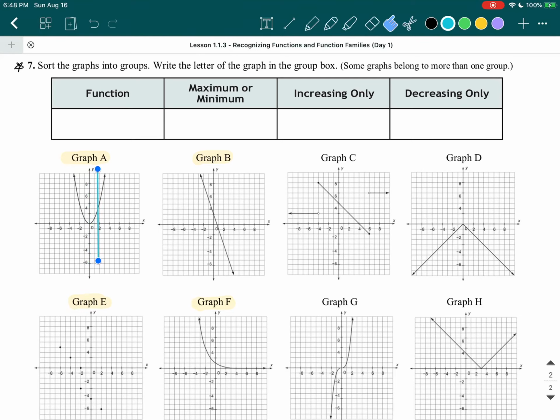So far, so good. All right, we dragged it through graph A, and throughout the entire time, the vertical line only touched 1 point. That means graph A is a function. So I'm gonna put A over here. Leave a lot of space, okay, because you don't know how many other graphs you're gonna have to write in this section. So I put the A all the way in the corner.